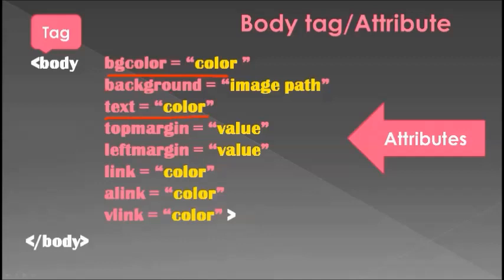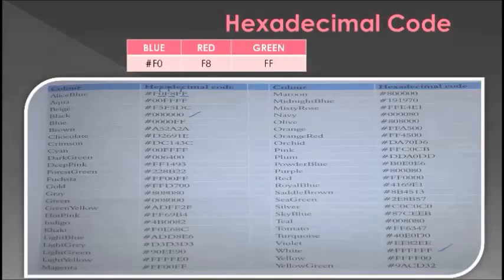And the third thing we learned was how we can set an image as a background in our web page. Three things we have learned in this tutorial. In the next tutorial we will focus on all these attributes. So see what is next, the hexadecimal codes.